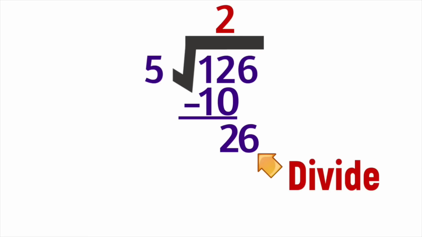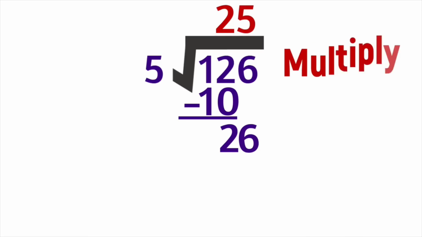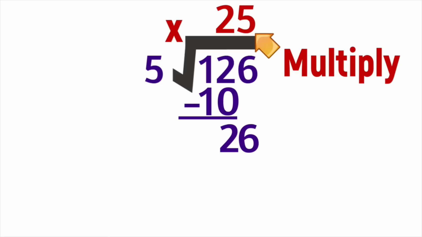How many times does 5 go into 26? 5 times. So we put the number 5 right here on top of the bracket above the 6 in the dividend. Next, we multiply again. This number 5 times the divisor, also the number 5. What is 5 times 5?